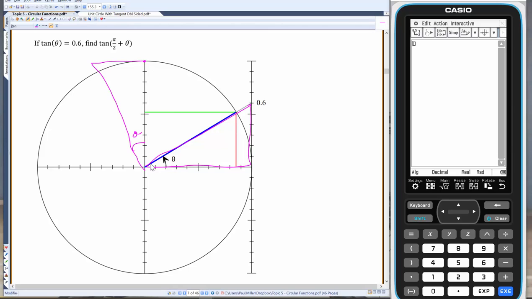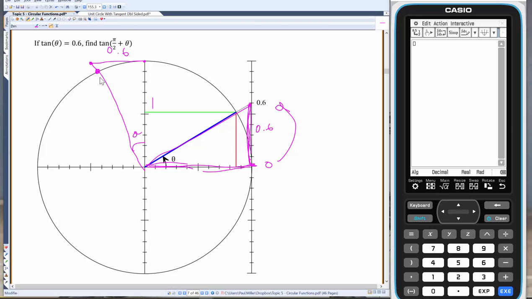So if that's the case, this distance here, that's just 1. This distance here is 0.6 because that's 0 all the way to 0.6. So that must be 0.6. Now what we're trying to do is find out the value of tan at this particular point on the unit circle.